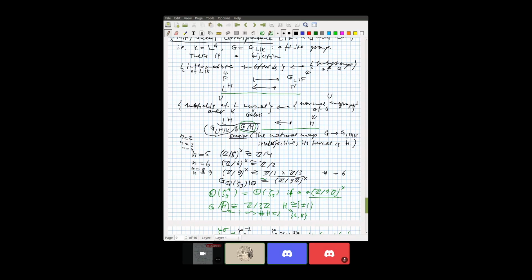Well, I ask you a concrete question. Can you give an explicit Galois extension with cyclic Galois group of order 3? I ask you a concrete question, and so I expect a concrete answer.